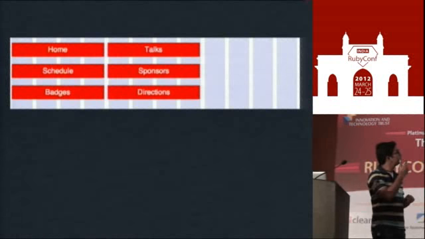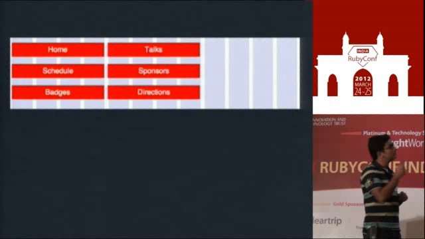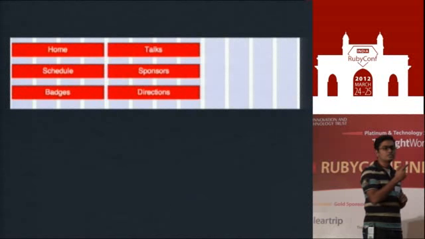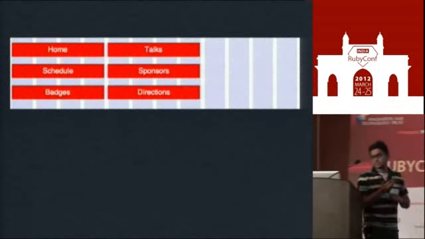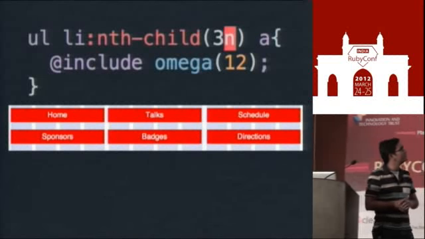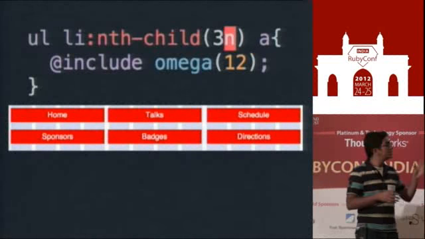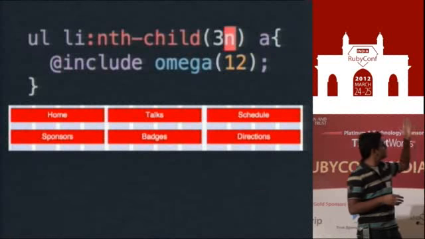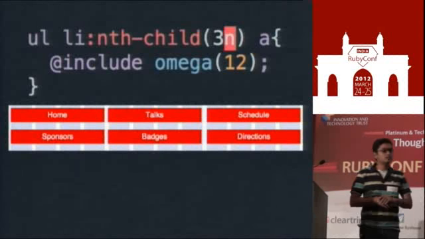That's happening because we have given a right margin to each element. Now at the very corner there isn't space for a right margin, and so it's wrapping. So to fix that, here's what you do. There's a mixin called omega, which specifies that this is the last element in the line, and you can use nth-child, so every third element will be treated as the last element, and it will fix that.